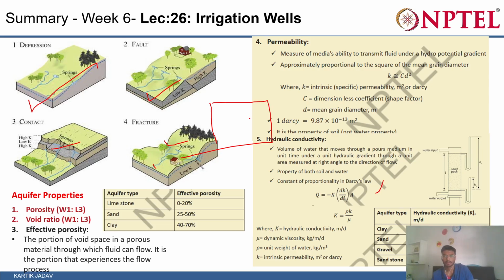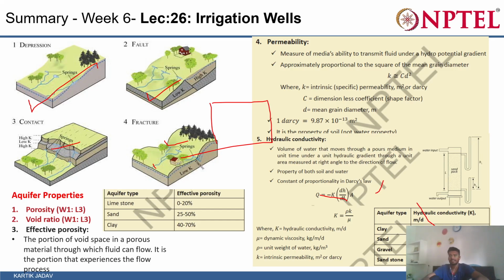Then we defined permeability. Permeability is the ability of media to transmit fluid, while hydraulic conductivity is the property of the media as well as the fluid to transfer water, that is, the rate at which water gets transferred. Generally, sand or gravel have a higher hydraulic conductivity compared to clay, as you can see in this figure.